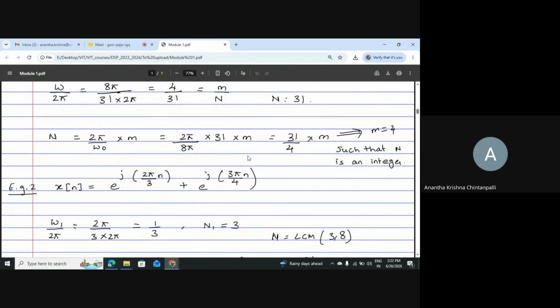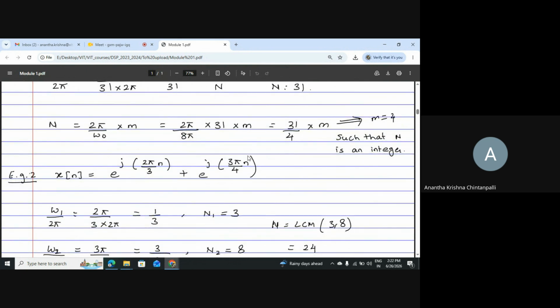Now, let me take another example here. It's a combination of two signals. x of n is equal to e to the power of j 2 pi by 3 n plus e to the power of j 3 pi by 4 n. Again, you do the same thing. Because there are two signals, I put omega 1 divided by 2 pi. This is nothing but 2 pi by 3 divided by 2 pi, which becomes 1/3.